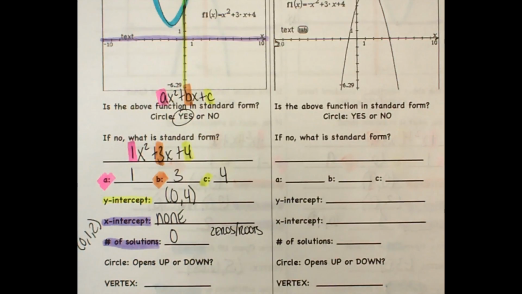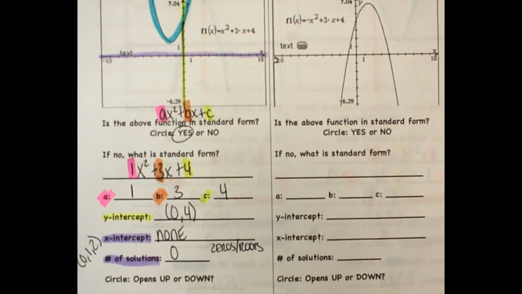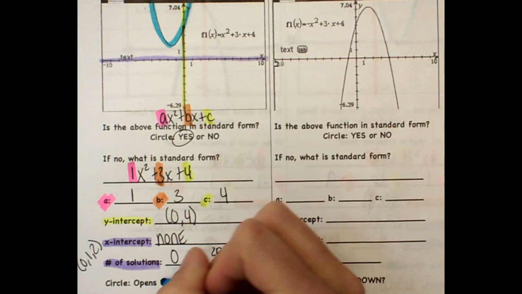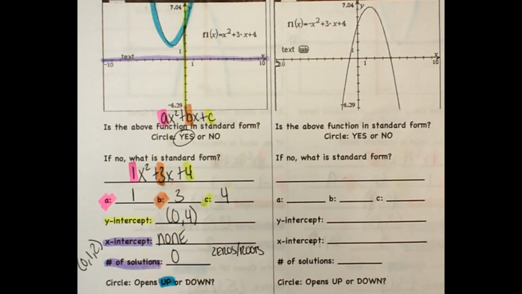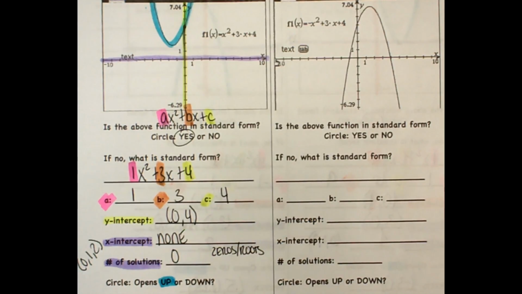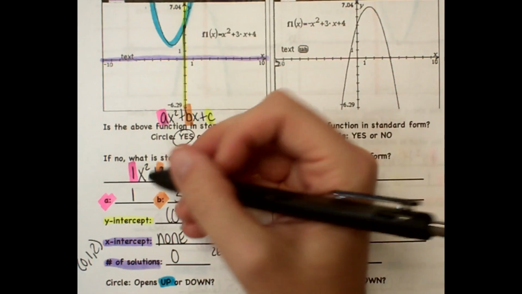Looking at my graph, does it open up or does it open down? In this case, looking at my parabola, it's gonna open up. This, also another important thing, can go back to your a value. All right, this is also important, your a value.